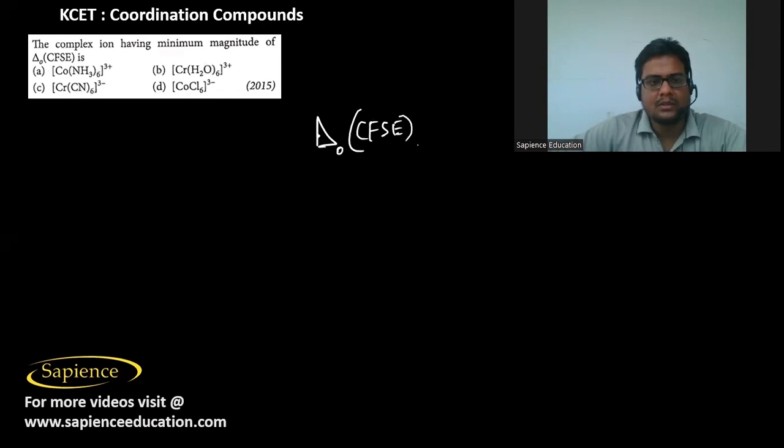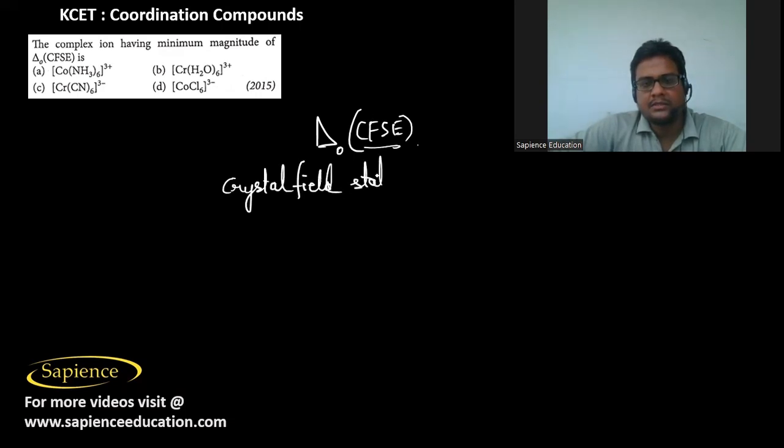So delta naught is also called CFSE, which is its full form is crystal field stabilization energy.